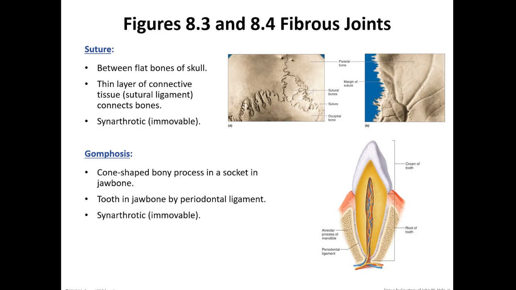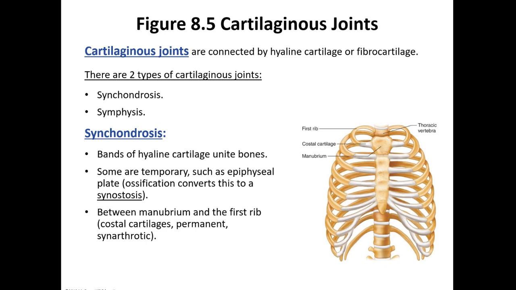Another structural type of joint is the one called cartilaginous. The name tells you what kind of connective tissue is found at the joint. It has to be a cartilage. That's why they call it cartilaginous. Which means in this joint type, there has to be a cartilage present.